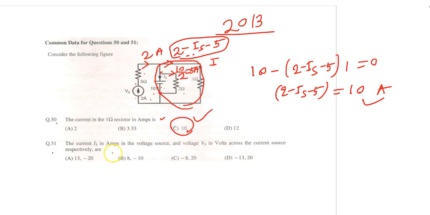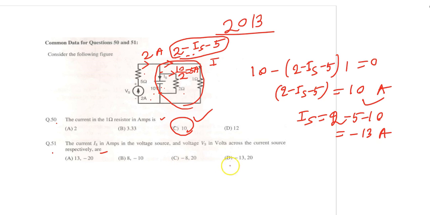The current Is in ampere in the voltage source and the voltage Vs in volt across the current source respectively. From Is you can easily find out from here. Is is equal to 2 minus 5 minus 10, that is minus 13 ampere.